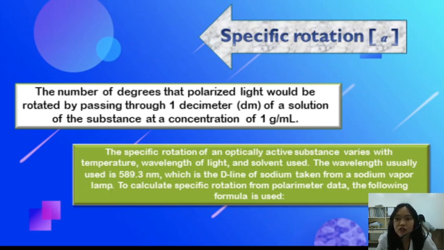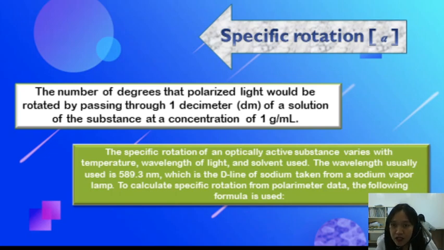So the wavelength usually used is 589.3 nm or nanometer. So nm means nanometer, which is the D line of sodium taken from a sodium vapor lamp. So sabi nga natin, usually ginagamit natin in a polarimeter is a sodium lamp.